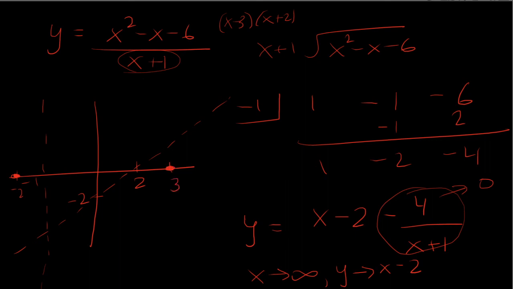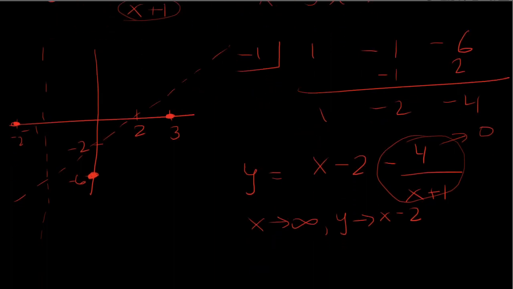If I plug in x equals 0 for the y-intercept, I get negative 6. So now we should be good for part of the graph. I could just connect the negative 6 and 3, and you want to approach negative infinity, obviously, because you want to approach an asymptote, and we're also going to approach the oblique asymptote, and then we're just going to connect these.